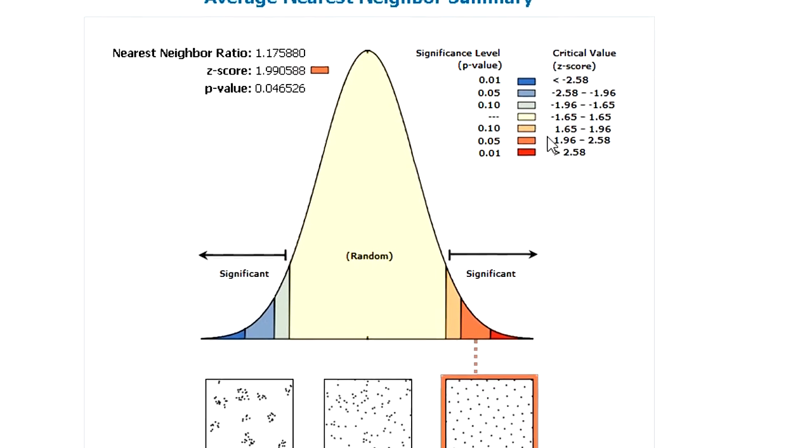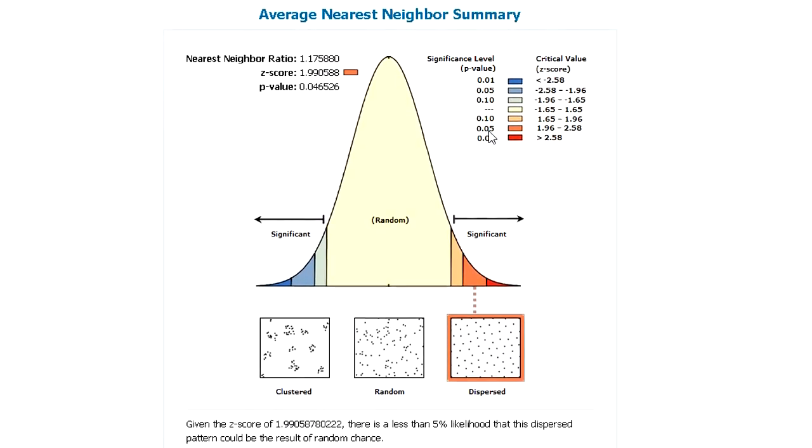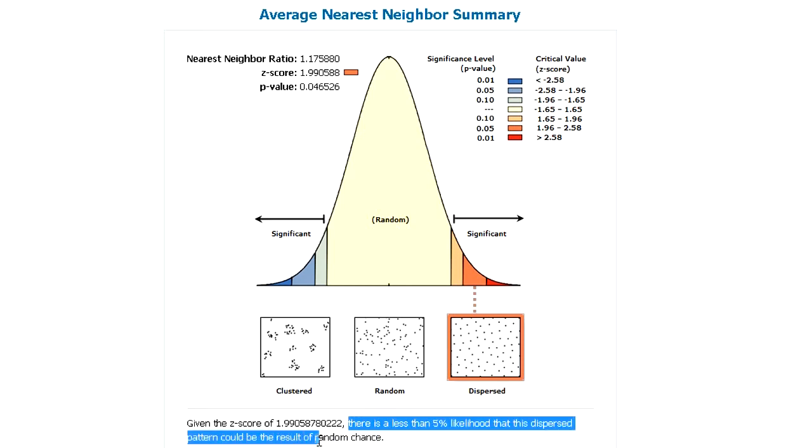When it lies here, your p-value is 0.05. What does it mean? 0.05 means 5%. So you can see the answer here, that given a z-score of 1.99, there is less than 5% likelihood that this dispersed pattern could be the result of random chance.